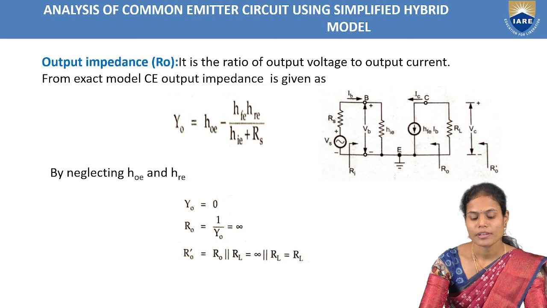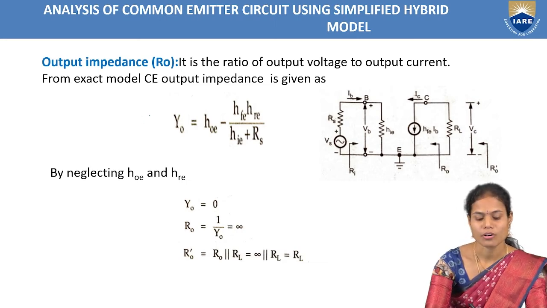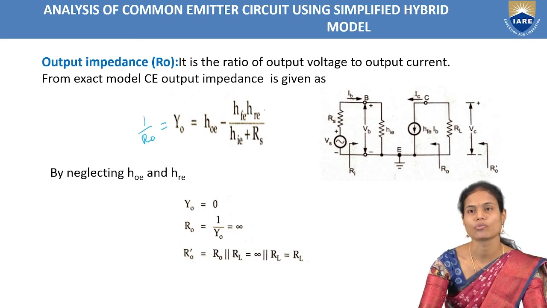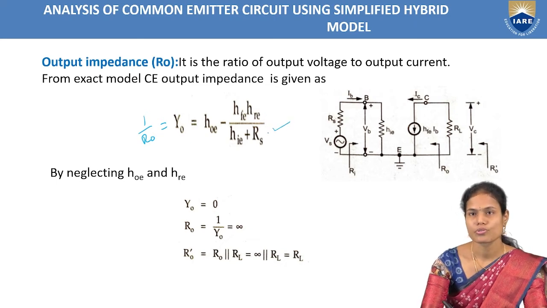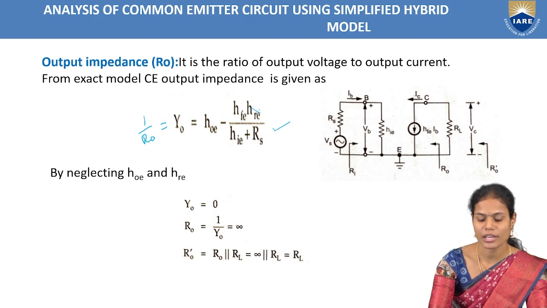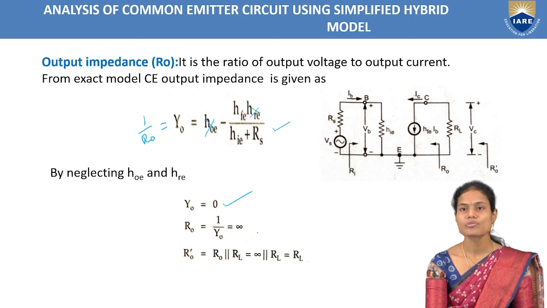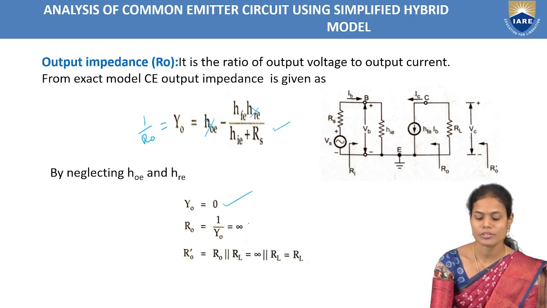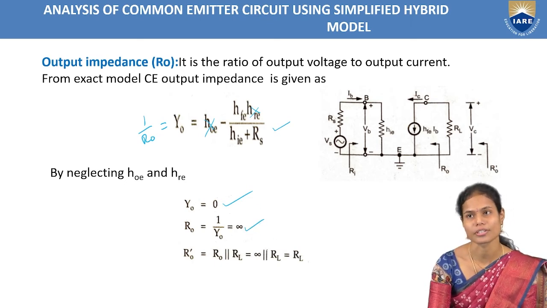So from the exact model, for the output impedance, we are calculating the output admittance: 1 by R0 equal to HOE minus HFE into HRE by HIE plus RS. So here if you neglect the HRE value as well as HOE value, we will get the admittance as 0. So once the admittance is 0 means output resistance is infinite.